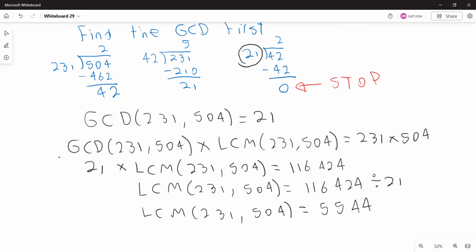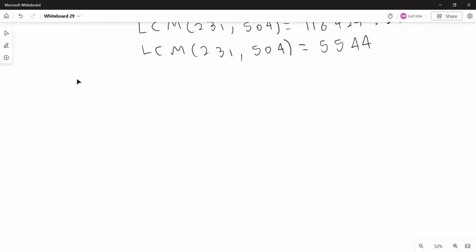Okay, I will finish this section with a couple of applications. One application of the greatest common divisor and another application of the least common multiple. So this is problem number 70 on page 248.